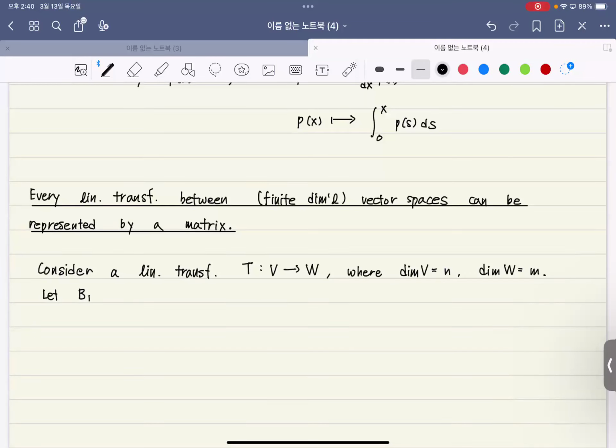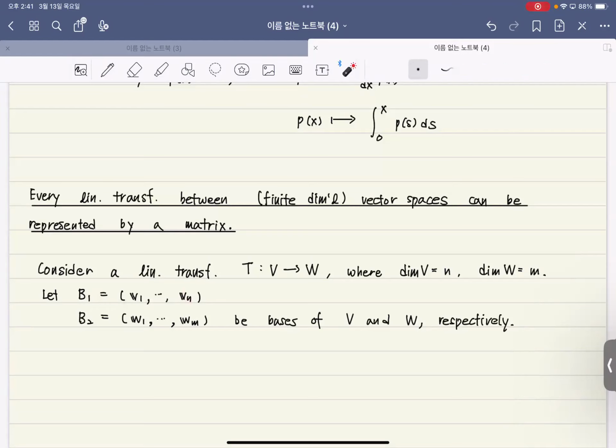I have chosen any set of bases for these two spaces, V1 to Vn and W1 to Wm. B1 is a basis for V and B2 is a basis for W respectively.